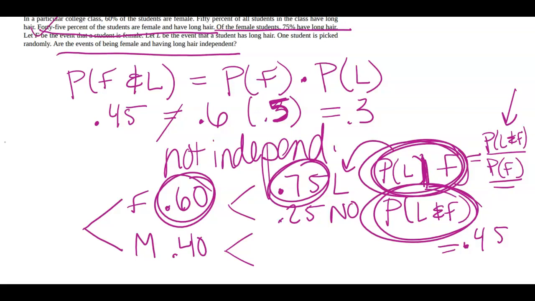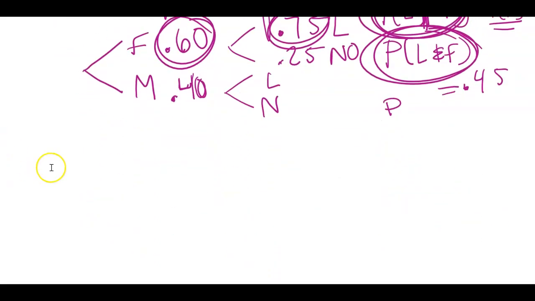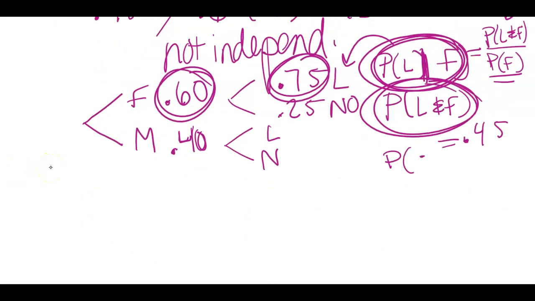Now 50% of all students in the class have long hair. So when I think about long and male, let me scroll down just a little bit, give me a little more room. Male and long is going to have to be the other part of that 50%.